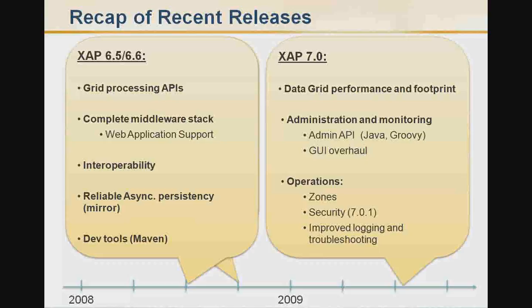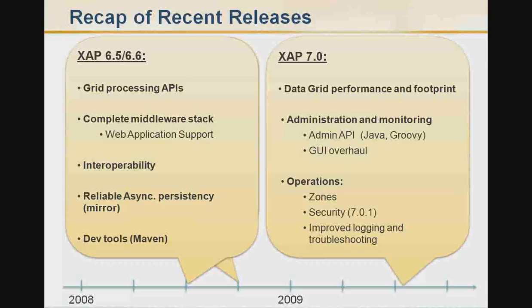In version 7, we focused on two aspects, I would say. One is, in general, administration and how you interact with the running application. And, of course, a theme that's always recurring in our releases, and that's performance, mainly of the data grid and the core engine. So a bit on the administration monitoring functionality.